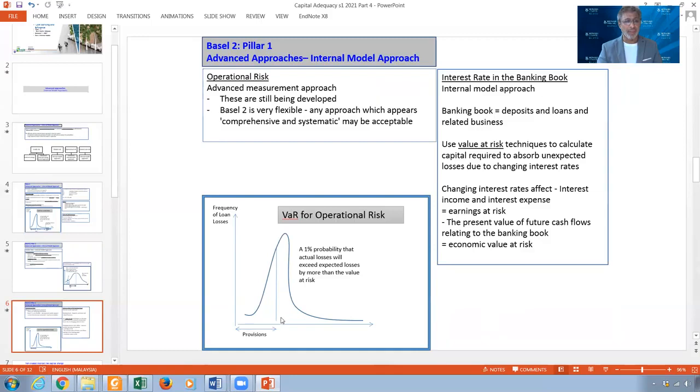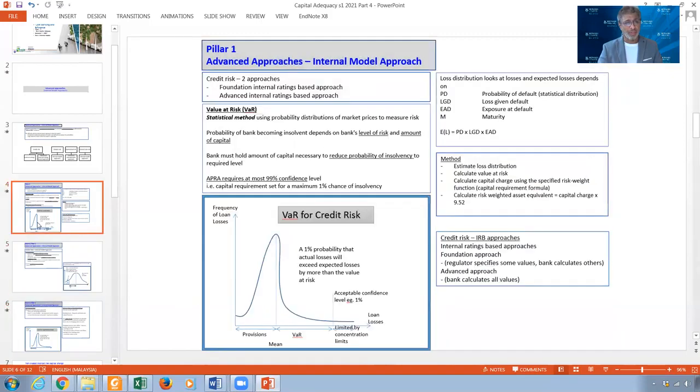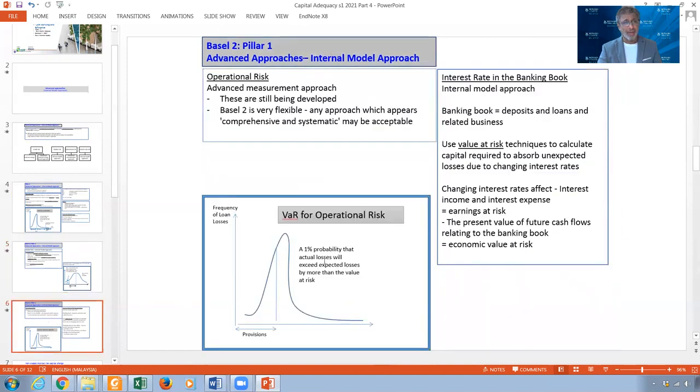So the most important thing is to calculate the VAR. Whether you are talking about operational risk, credit risk or market risk, all of those are calculating the value at risk, and the value at risk is the capital charge. You multiply it by 9.52, and then you get the risk-weighted assets.